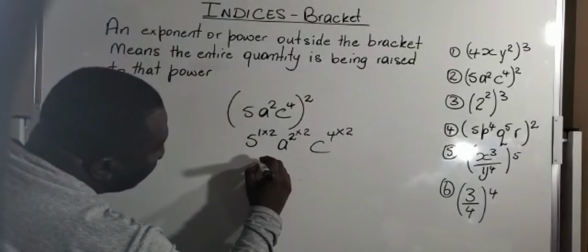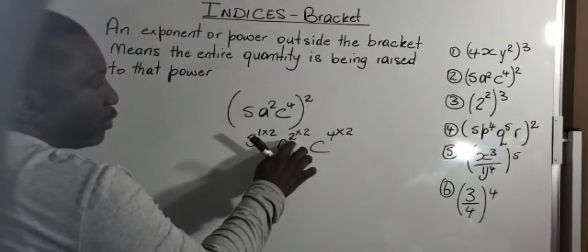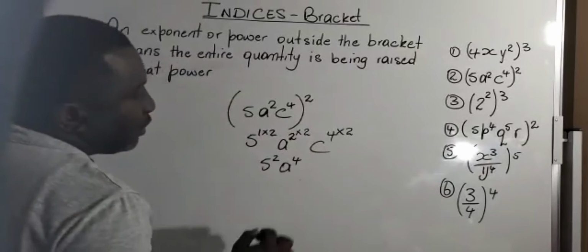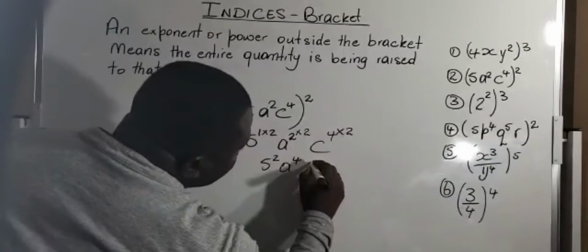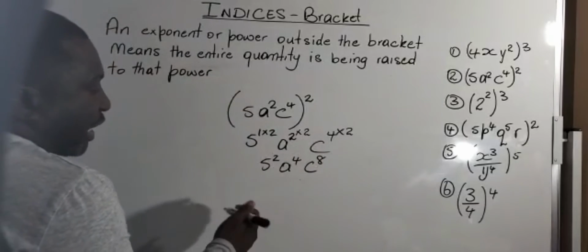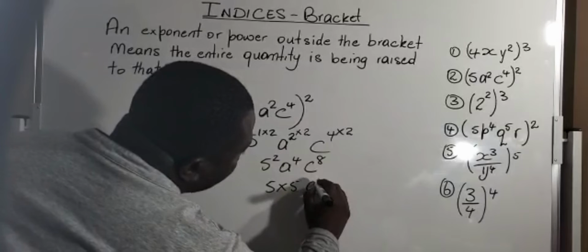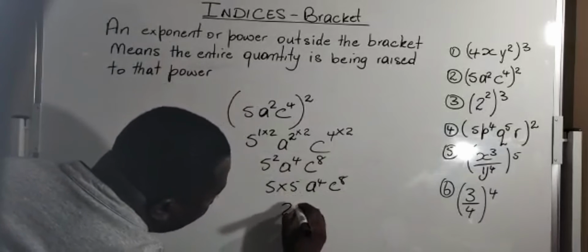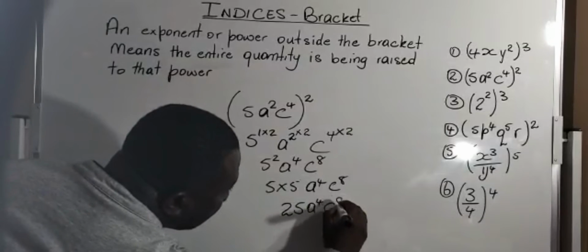Therefore, in simplifying, 5 to the second, 2 times 2 will give us 4, a to the fourth, 4 times 2 will give us 8, which is c to the 8th power, and 5 to the second is simply saying 5 times 5, a to the fourth, c to the 8th, which results in 5 5s 25, a to the fourth power, and c to the 8th.